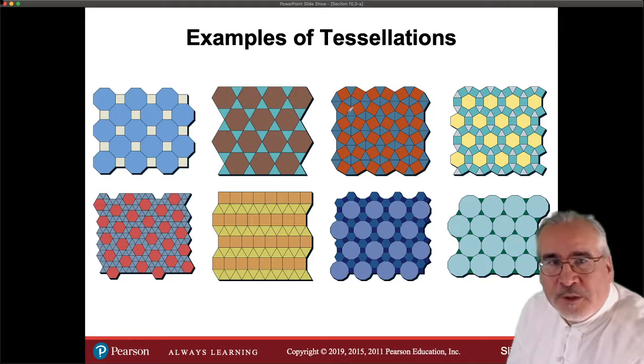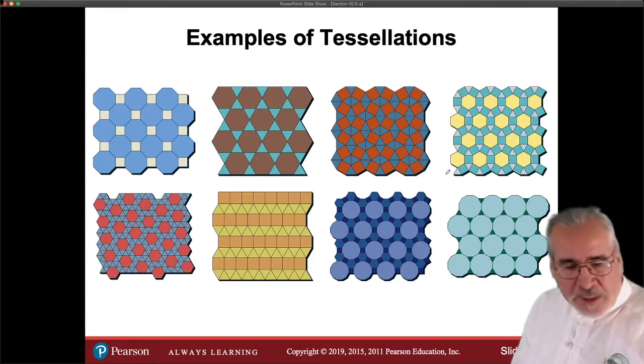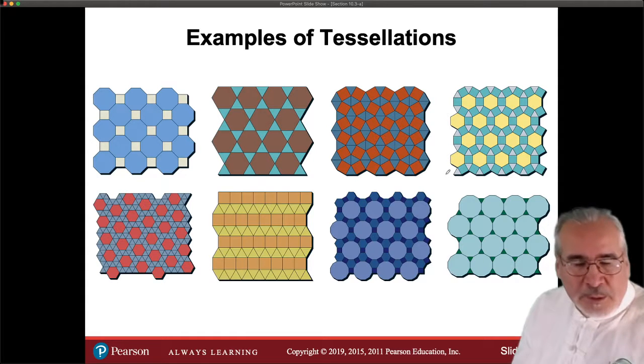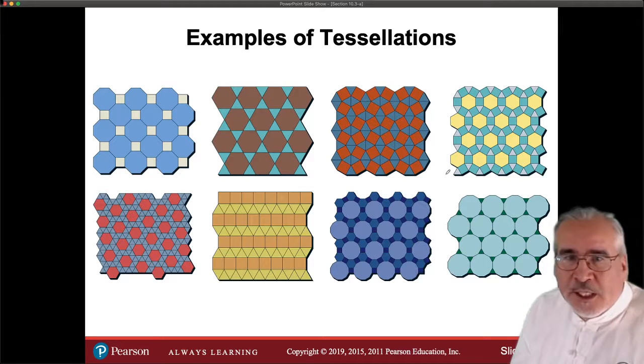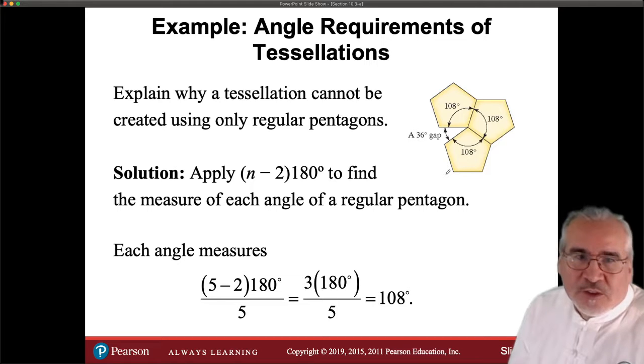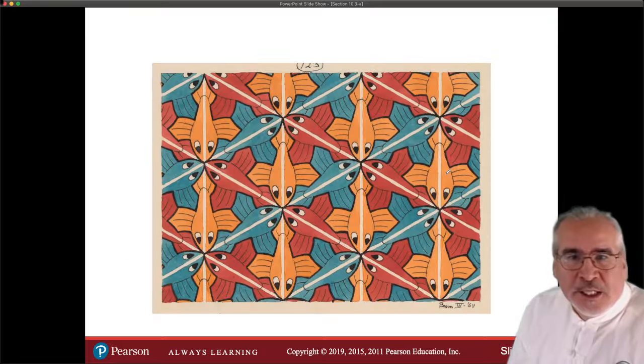You need two different polygons to make the circular patterns here. And here are some examples. And for those of you looking maybe to do something artistic with your final project, here's the math behind it. That's why you can't just use pentagons. There would be something left over.